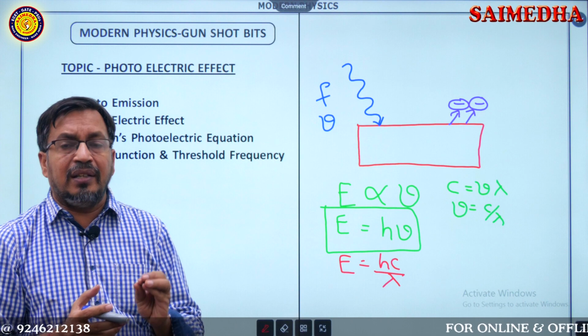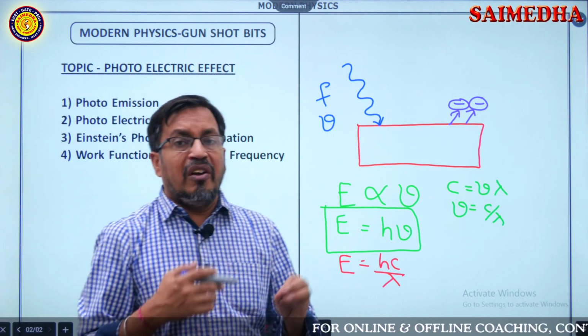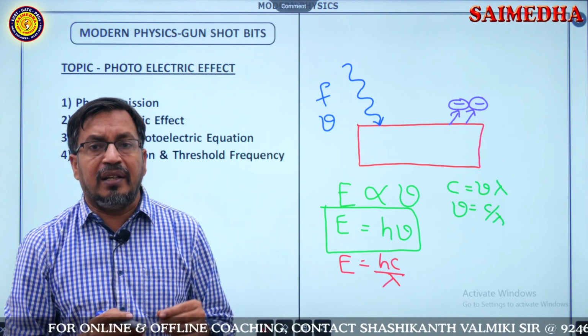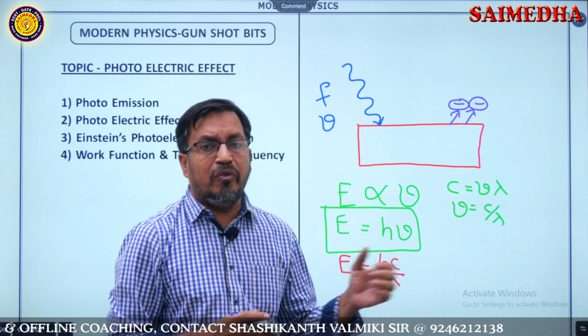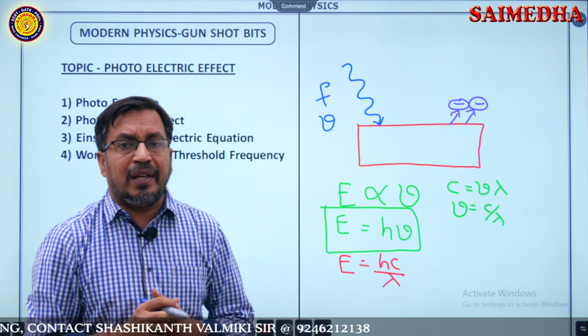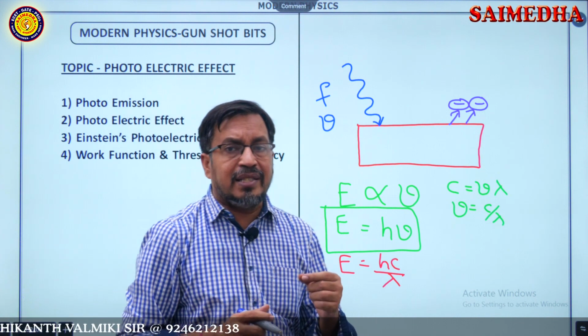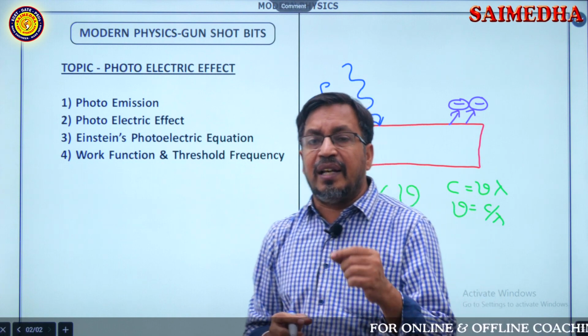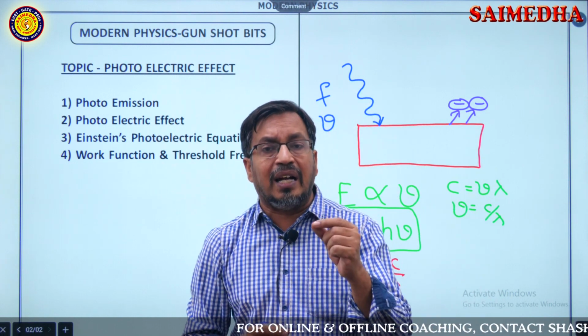Energy of photon is directly proportional to the frequency of incident light, and inversely proportional to the wavelength. In some applications we consider energy units as joules, in some as electron volts.